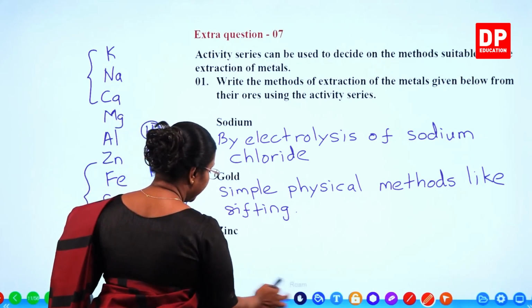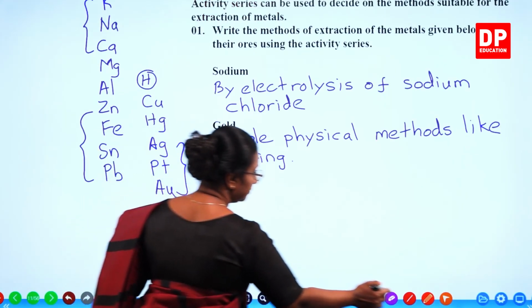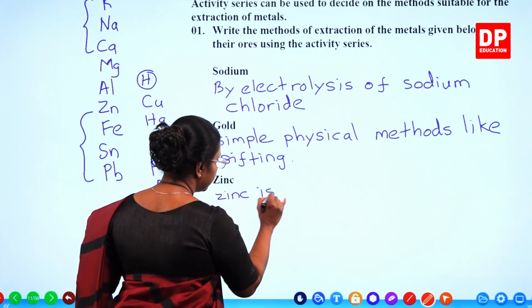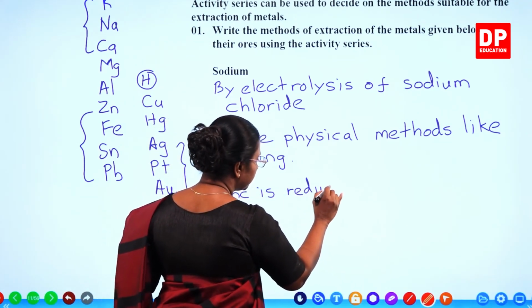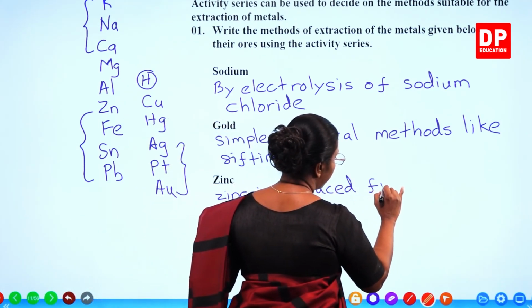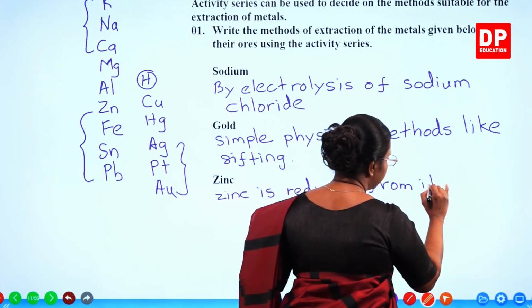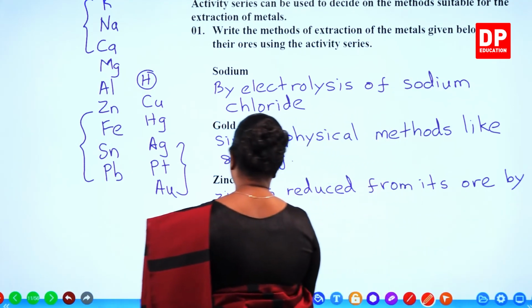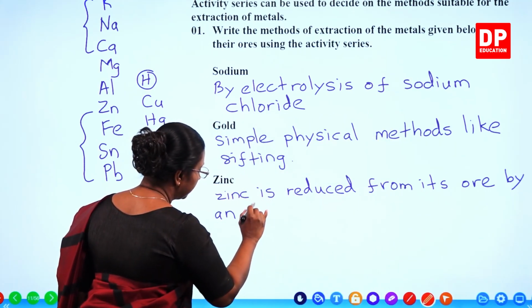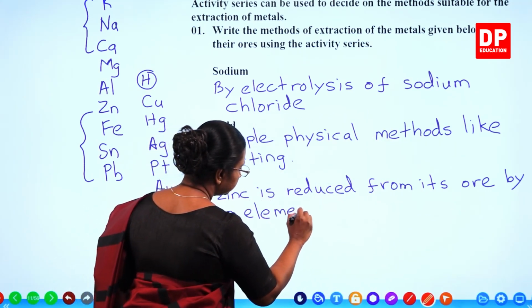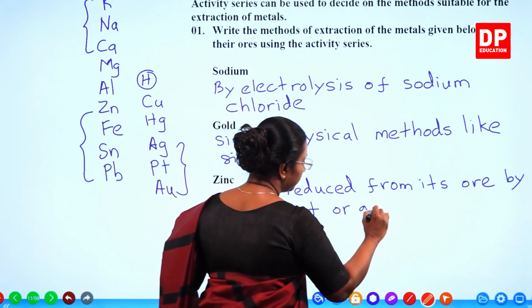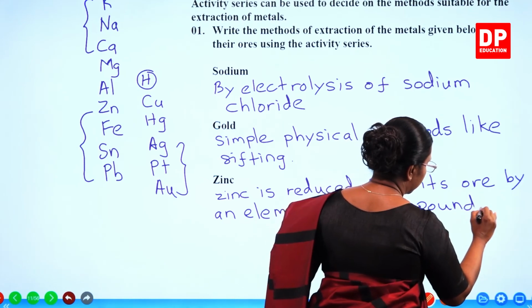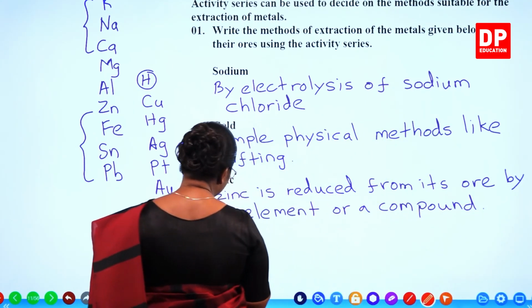So, we can say zinc is reduced from its ore by an element or a compound. What do we call this element or compound?